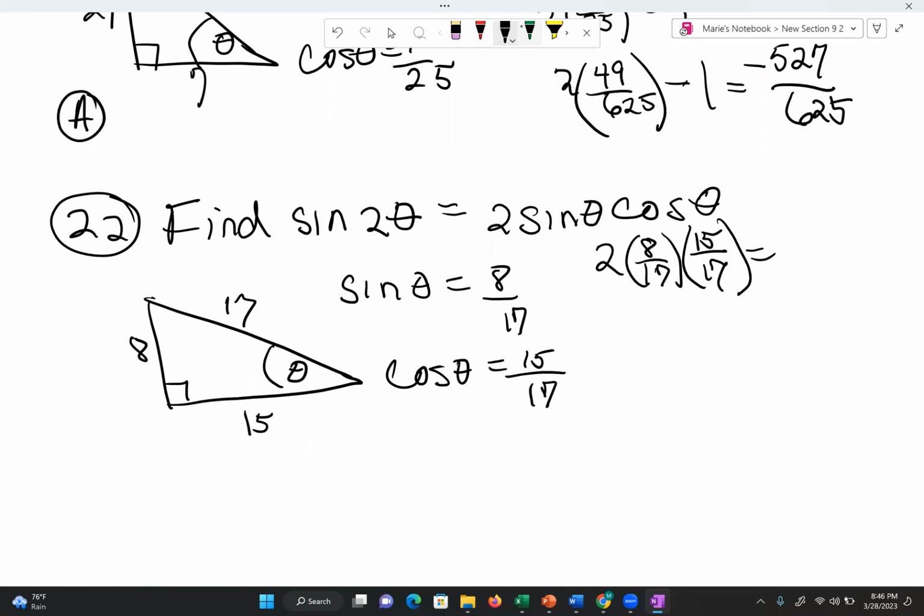Do the math, enjoy the math, because it's math. So we get, it looks like a numerator of 240, a denominator, which I know just out of practice is 289. And I believe that should be answer choice B as in boy. Fairly easy question, right?